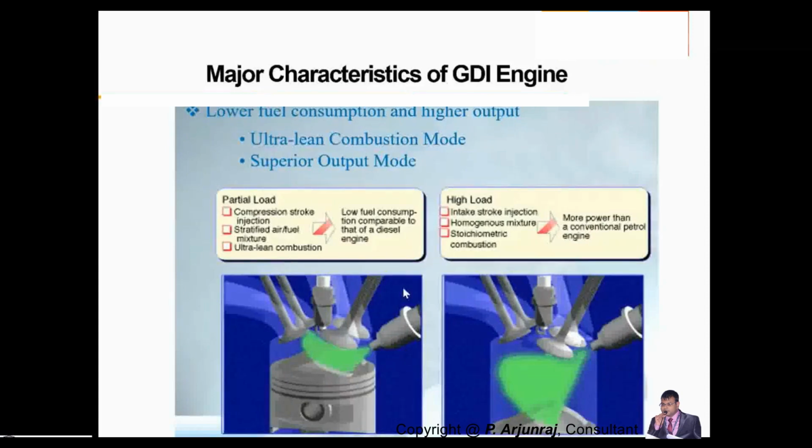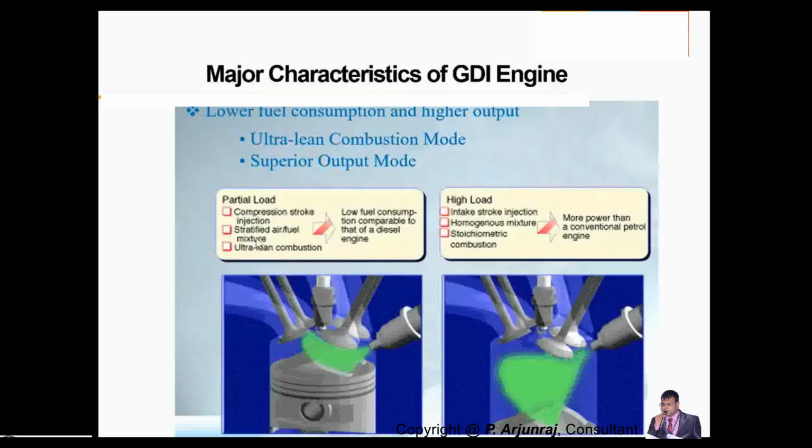You are going to get the operation in two modes: one is the partial load operation and the other is the high load operation. So we will see how the GDI is going to perform in partial load condition and high load condition. In the case of partial load condition, you're going to have the compression stroke injection and a stratified air-fuel mixture.